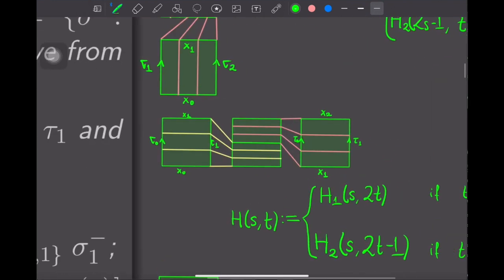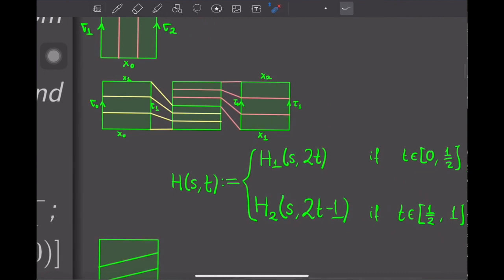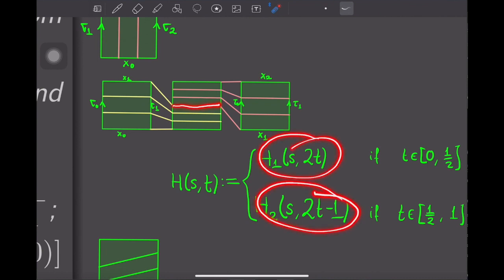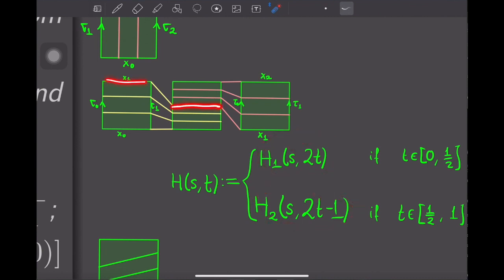And the way to justify that it's continuous is because you see, I'm defining a function again piecewise by telling you its behavior in these two closed subsets, and in the intersection of these two closed subsets, the two rules, the two pieces, give me the same. They give me x1.